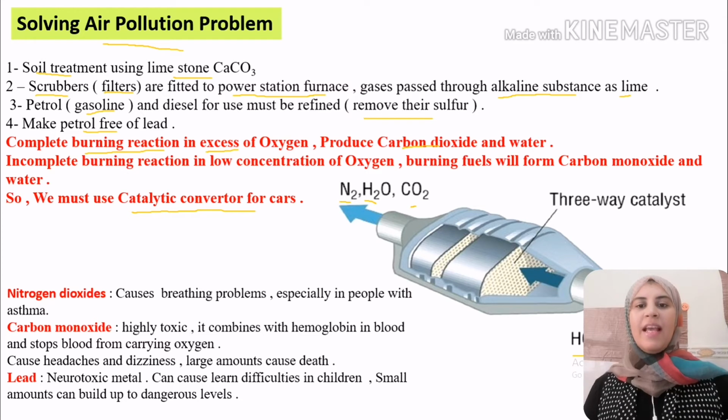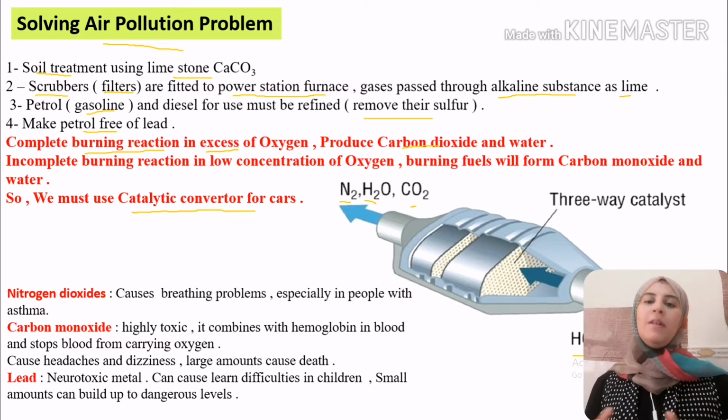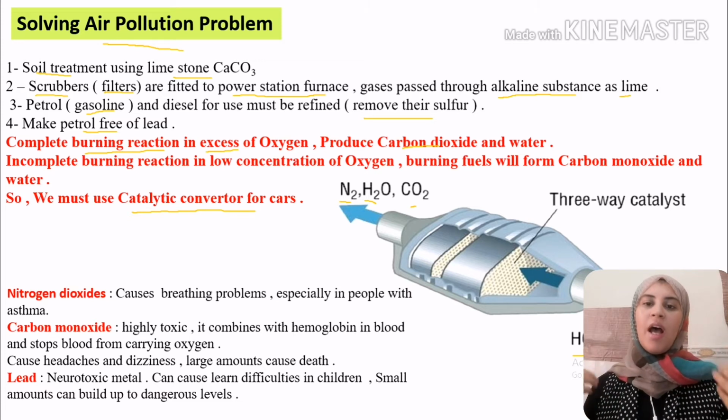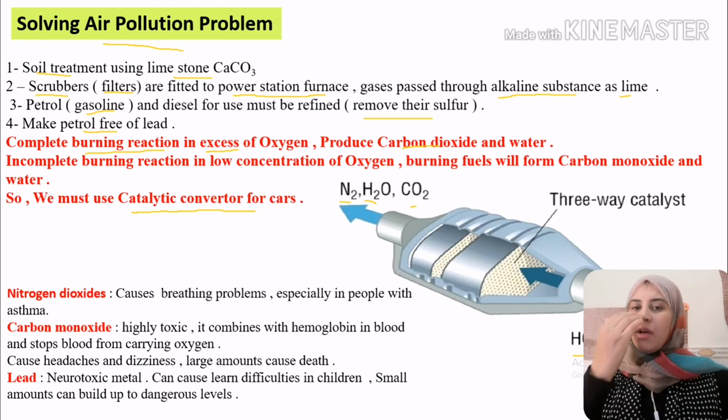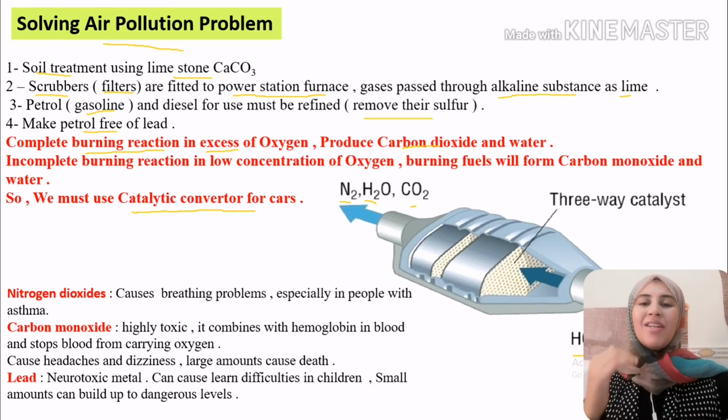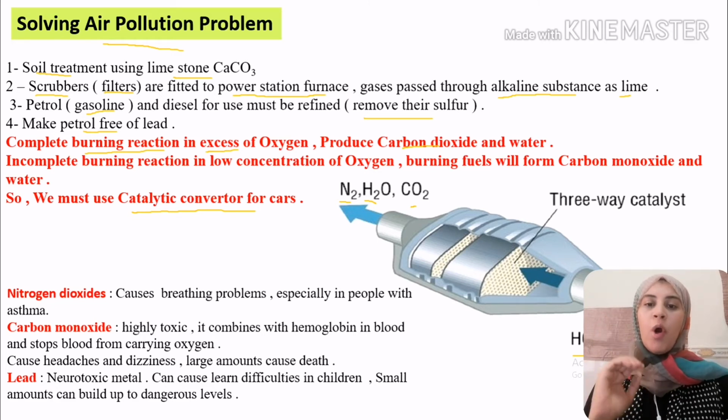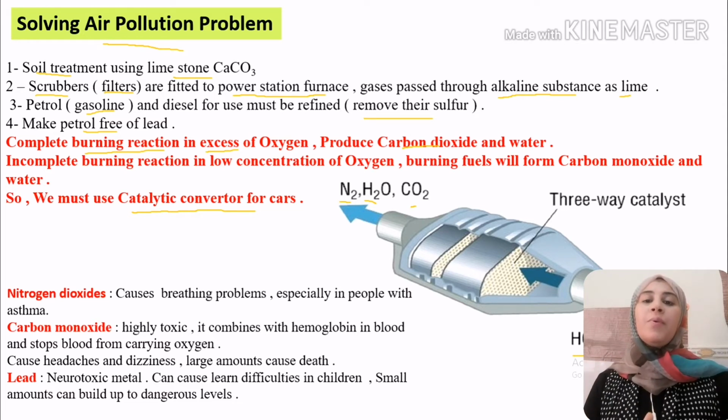Why will it be a killer gas? Because it can combine with hemoglobin. Hemoglobin is responsible for carrying oxygen to tissues inside your body. Carbon monoxide will replace oxygen on hemoglobin and prevent hemoglobin from carrying oxygen, so after a small period of time, it can kill the human.